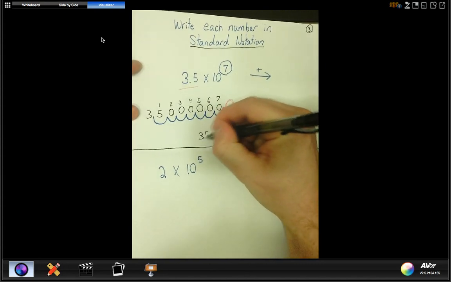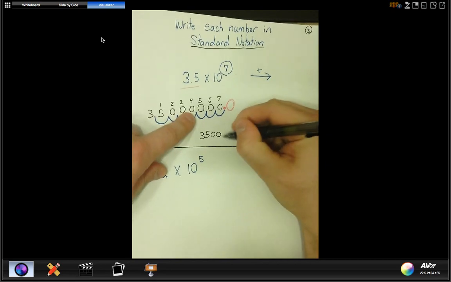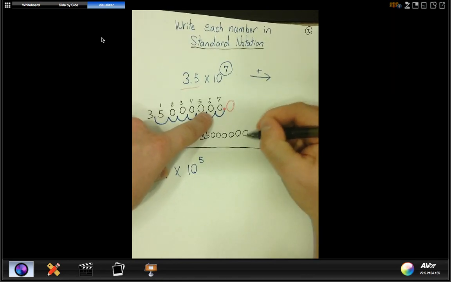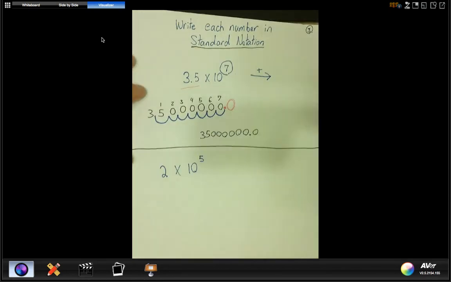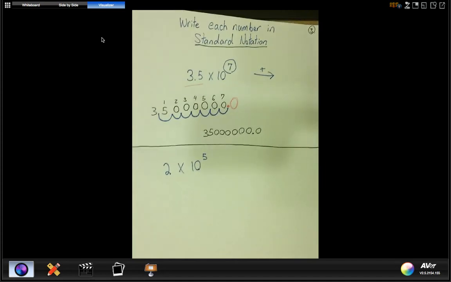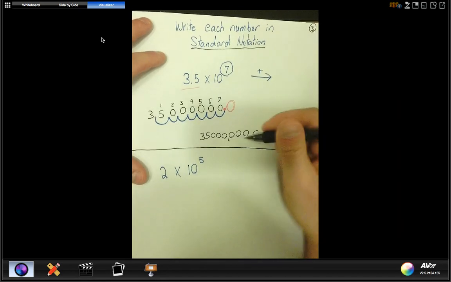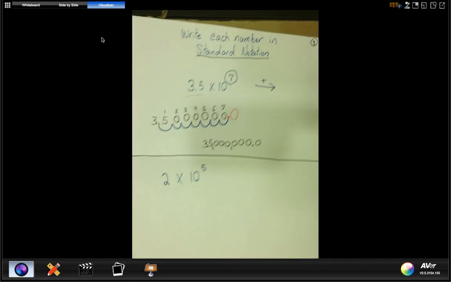I got 35 and I have 1, 2, 3, 4, 5, 6 zeros, 0.0. If you want, I'm okay with that. If you want to take it to the next level, I'd really like to see some commas in there so we know how big this number really actually is. It looks like 3.5 times 10 to the 7th comes out to 35 million.